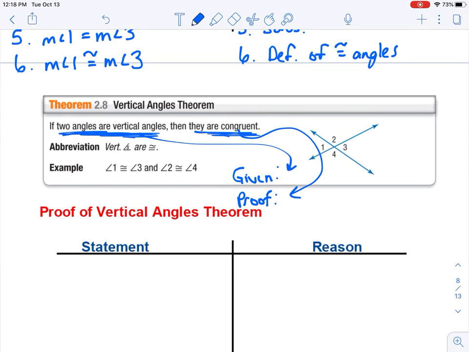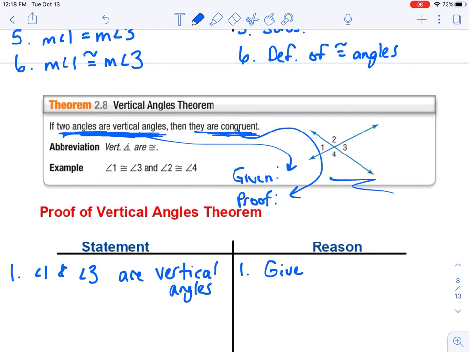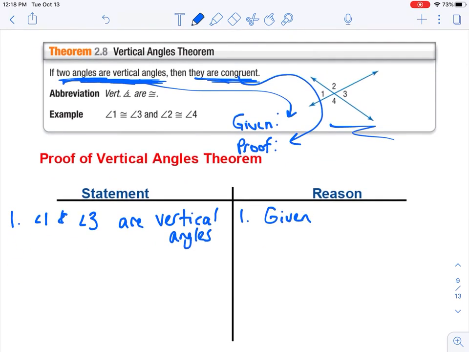So I'm going to make this a little narrower based on this picture and say that my given is angle 1 and angle 3 are vertical angles. And then we need to try to prove that those two angles are congruent.